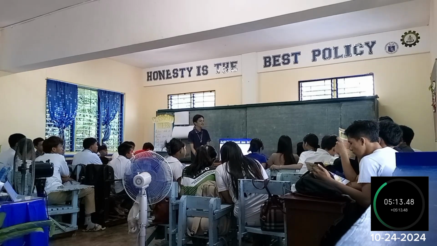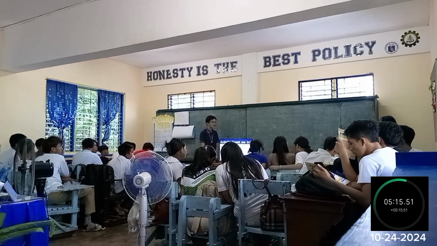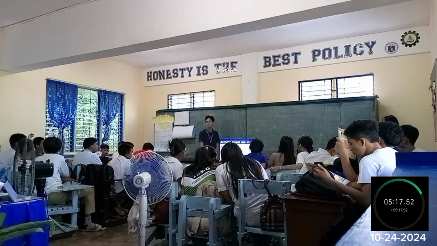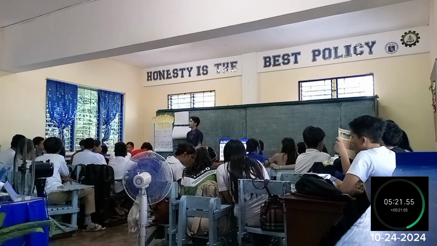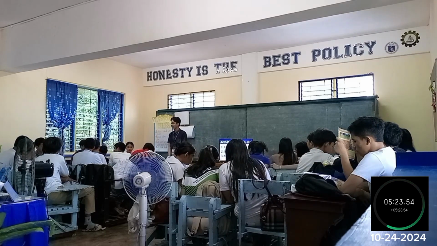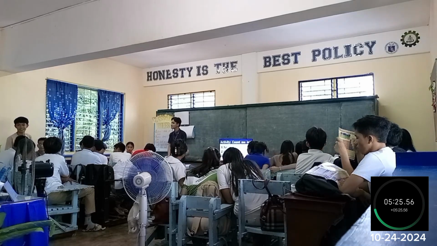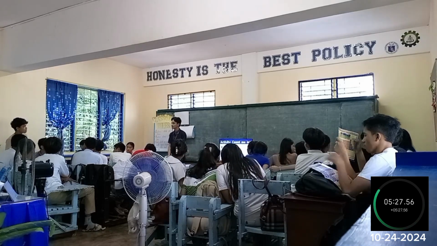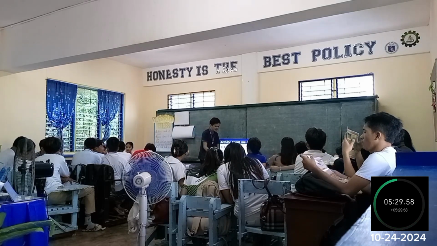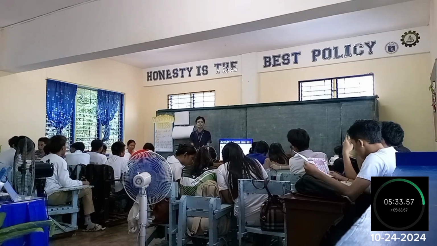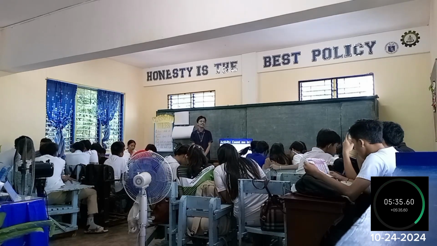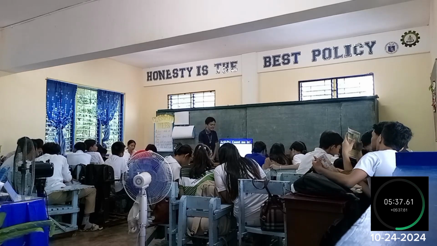There are how many valence electrons in oxygen? 10? Yes? Austin, can you enlighten your other two classmates about how many valence electrons in oxygen? Yes, class. The answer is 6. There are 6 valence electrons in oxygen, not 8 nor 10.